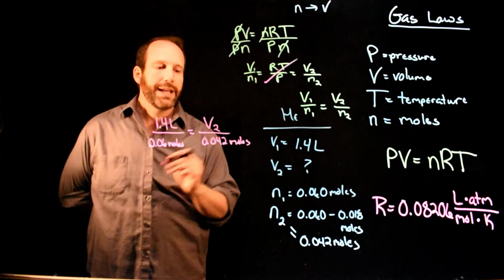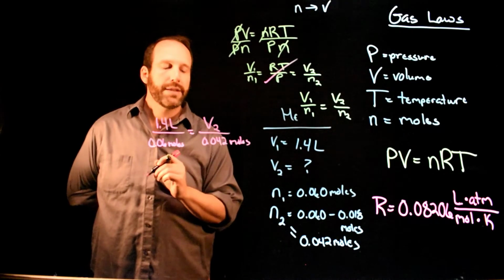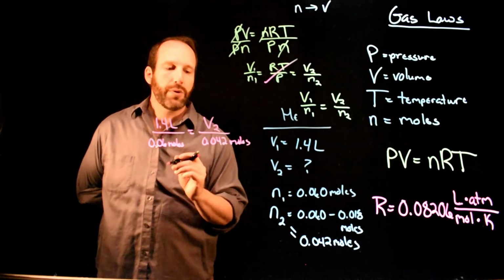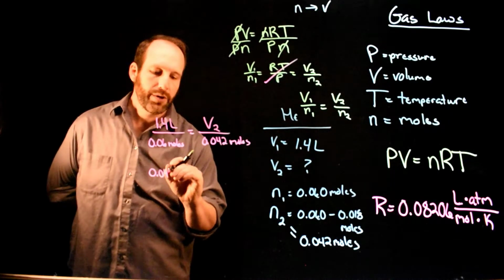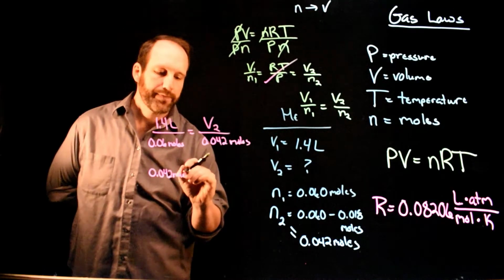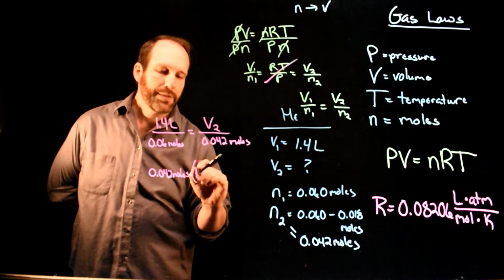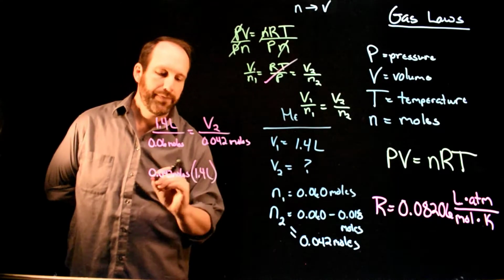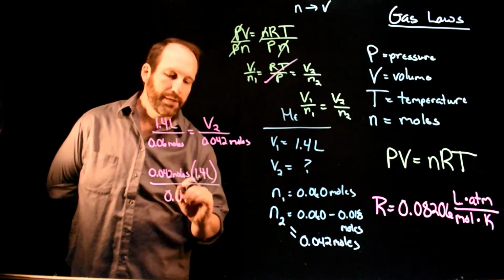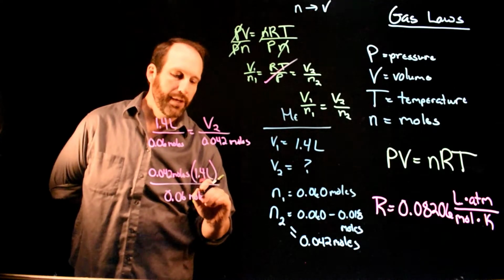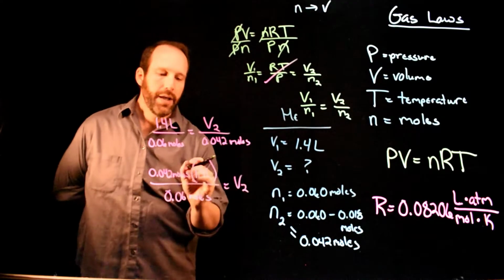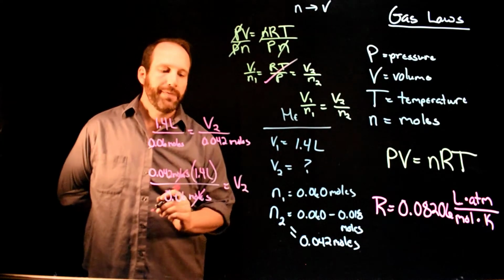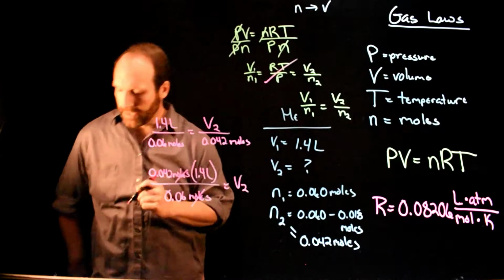We can do that pretty easily by multiplying both sides of the equation by 0.042. That's going to leave us with 0.042 moles times 1.4 liters divided by 0.06 moles, and that's going to equal V2. Moles and moles cancel. The only unit that's left is liters.